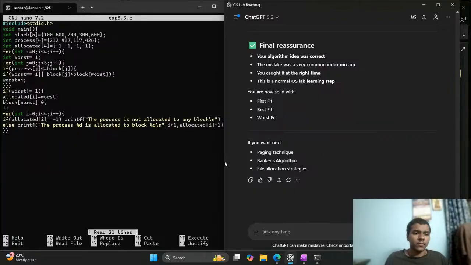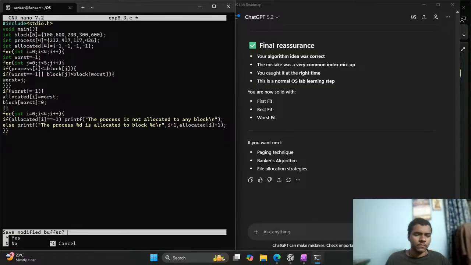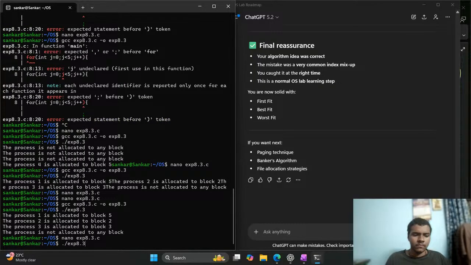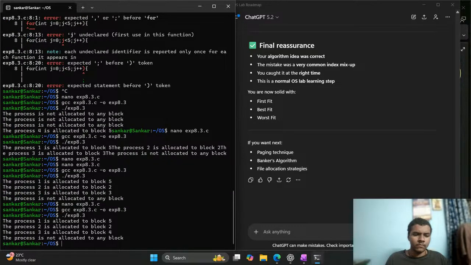It is always the looping variables. Block of J. Nice.